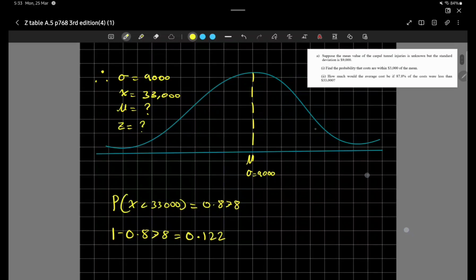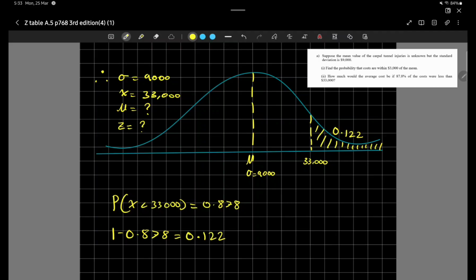And so we know that given that this is 33,000, this shaded area is 0.122. And the rest is the 87.8.